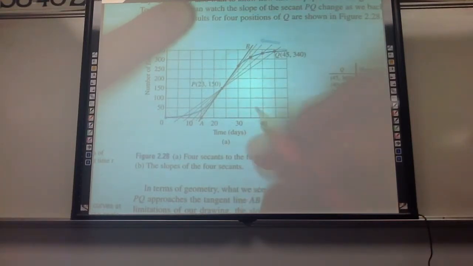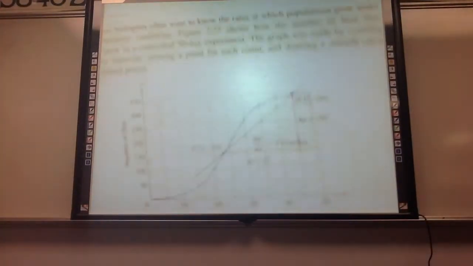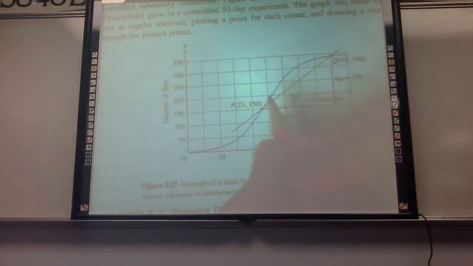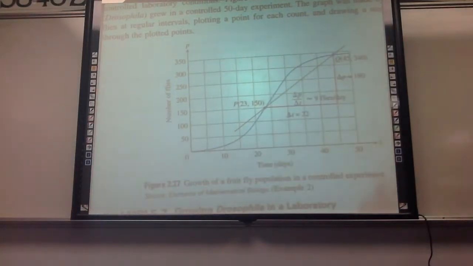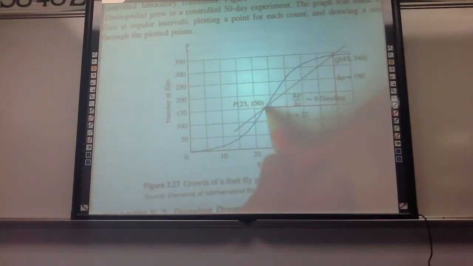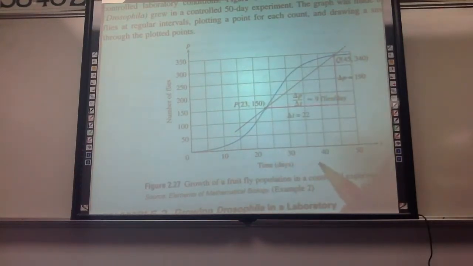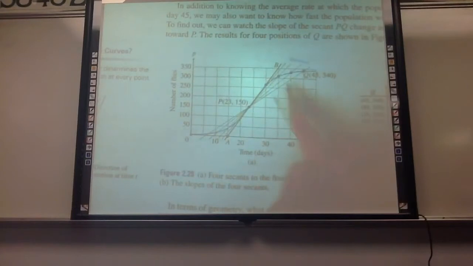No. Not gonna lie. It feels like I almost have it, and then it's just like, okay. We're not doing anything yet, I just want to get the idea across. On this one, the slope of the secant line was the average rate of change, right? Yes.